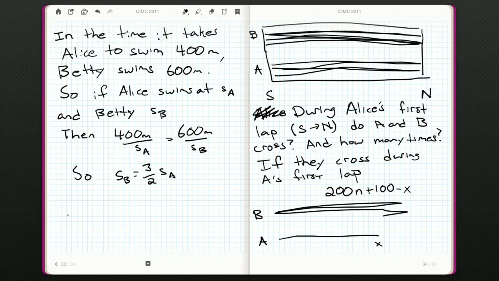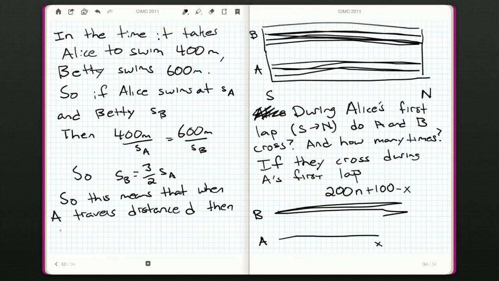So if Alice has traveled d meters, then B has traveled 3 over 2 times that distance.